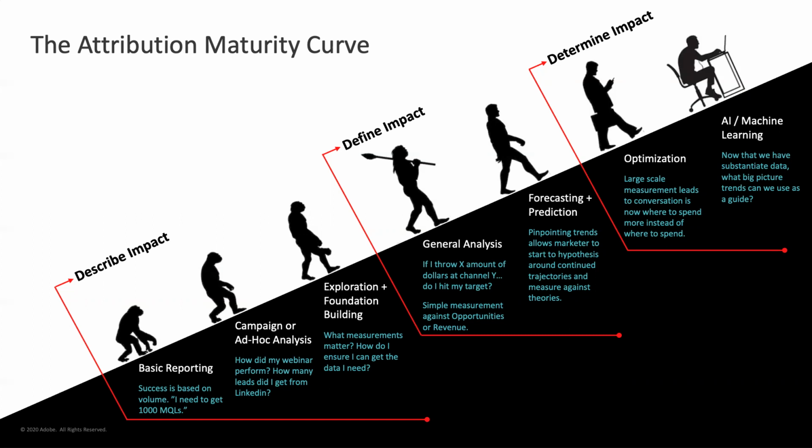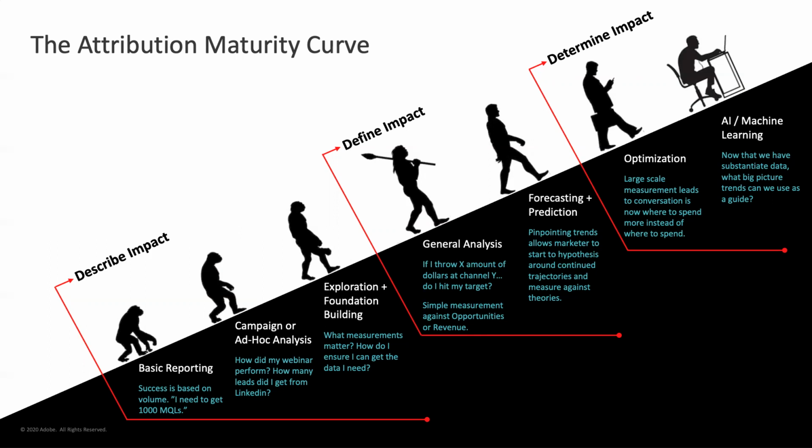So, if we're putting X amount of dollars in channel Y, will we hit our target? Will we not? From there, we move into forecasting, prediction, and then finally determining impact is being able to say, if I pull lever X, Y, Z, then this is the expected output that I anticipate seeing from that.